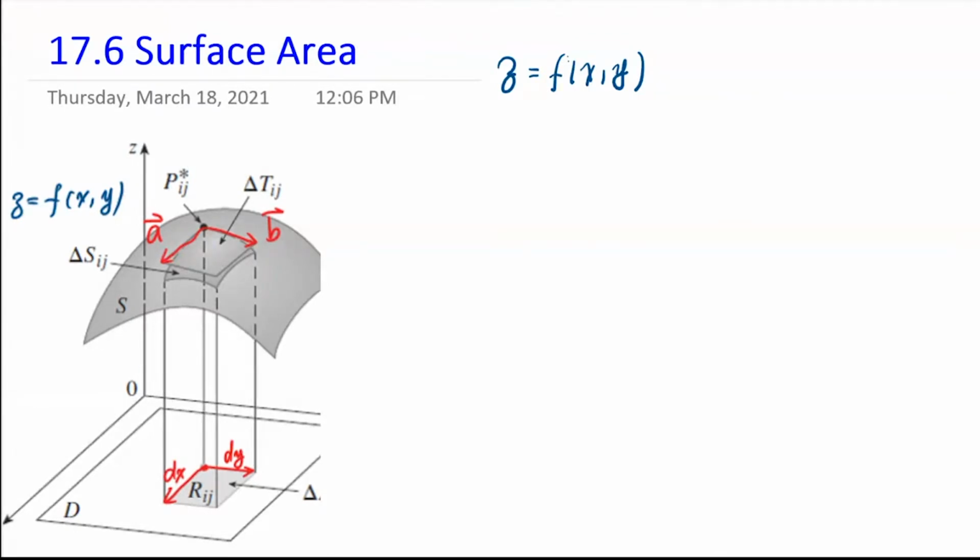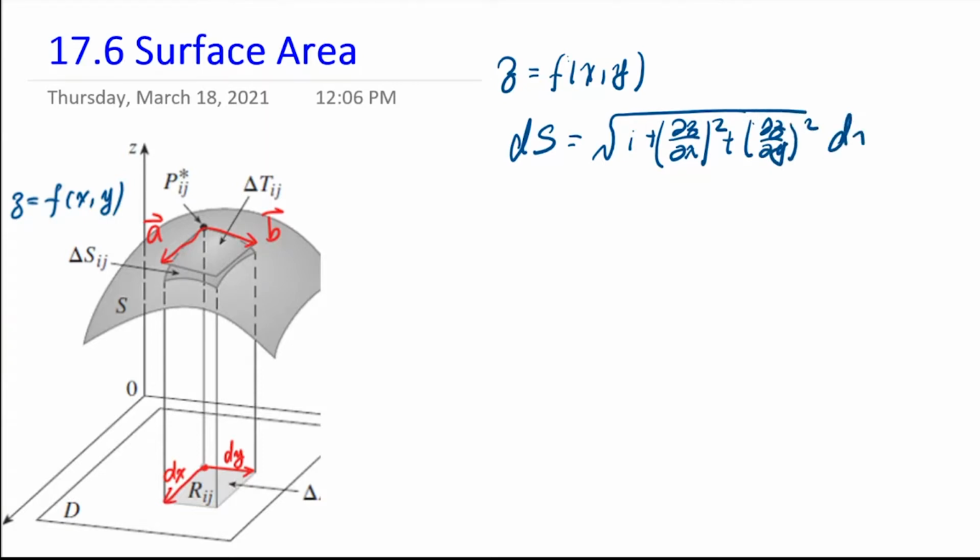And do you remember what that ds was in surface area? ds looked like this: the square root of 1 plus partial z partial x squared plus partial z partial y squared, like that, right? And then dx dy, our extension from the arc length function, right?